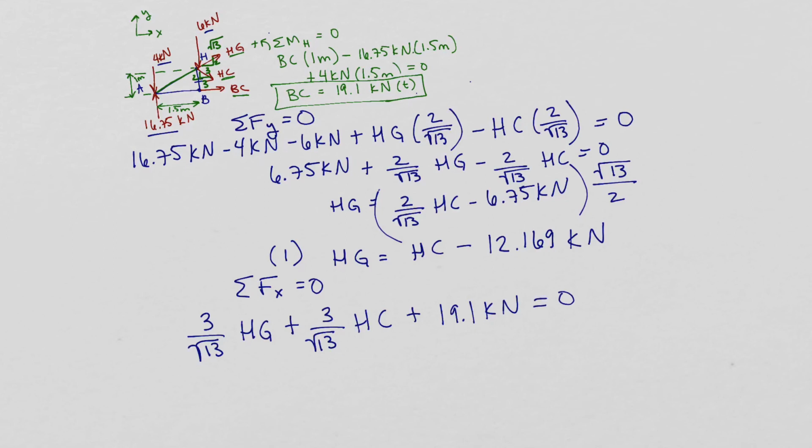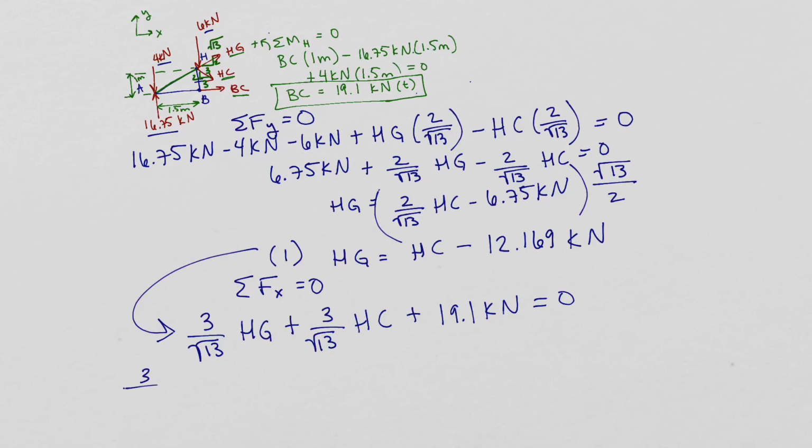That equals 0. It looks like I probably have a sign wrong because they're all going to the right, but that's okay. We'll just get a negative value for one of them. So I'm going to take that formula for Hg and put it into here so we can solve for Hc.